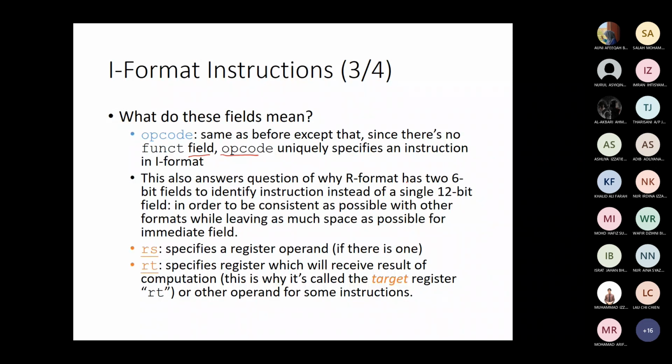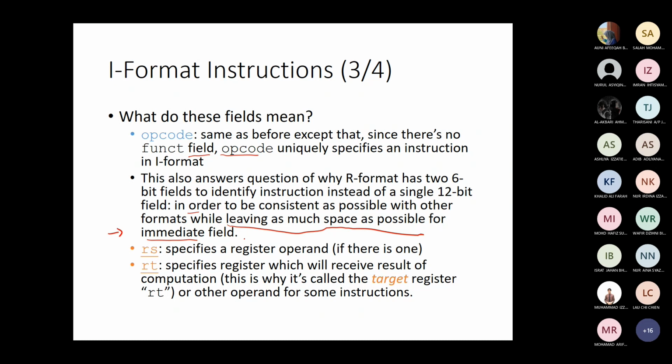It is to be as consistent as possible with other formats while leaving as much space as possible for the immediate field, because we want to store as large a value, a constant, as possible in this immediate field. RS is the same.